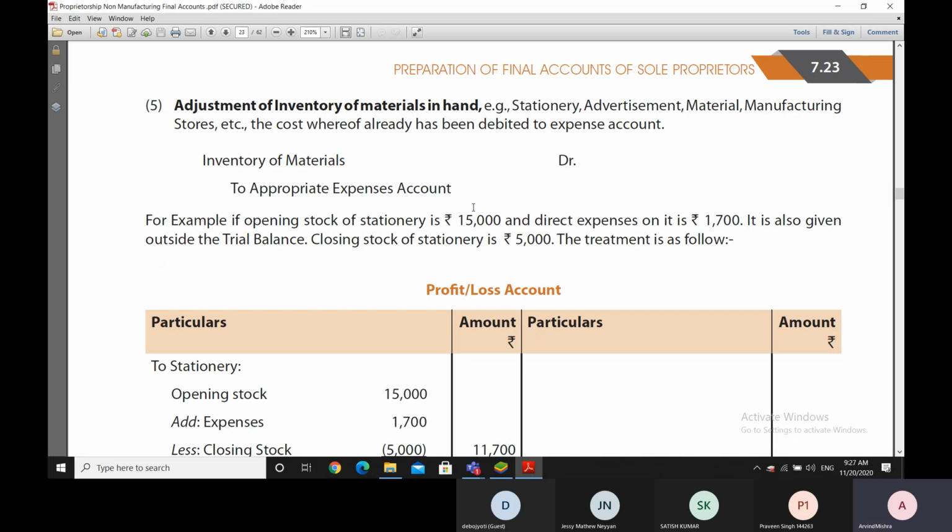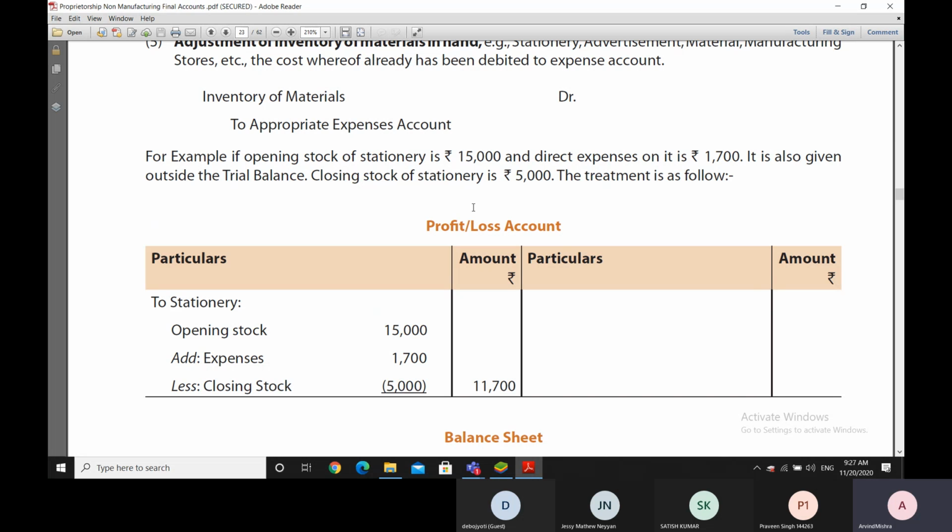So I would like to correct myself here: what we are doing is that we have taken our inventory of the materials, and in respect of that amount, we want to move the expenditure that we have incurred to the profit and loss account.